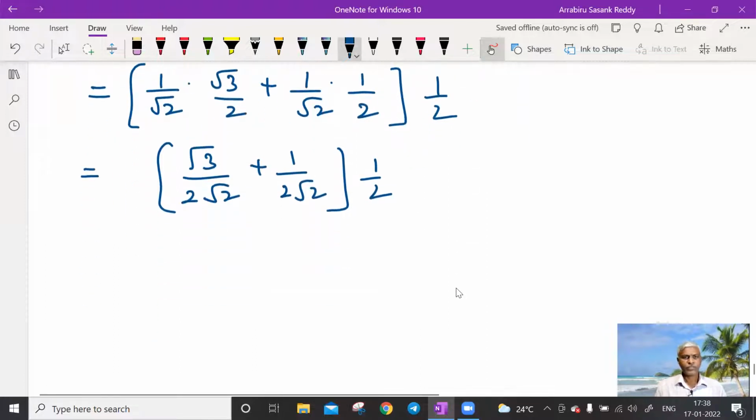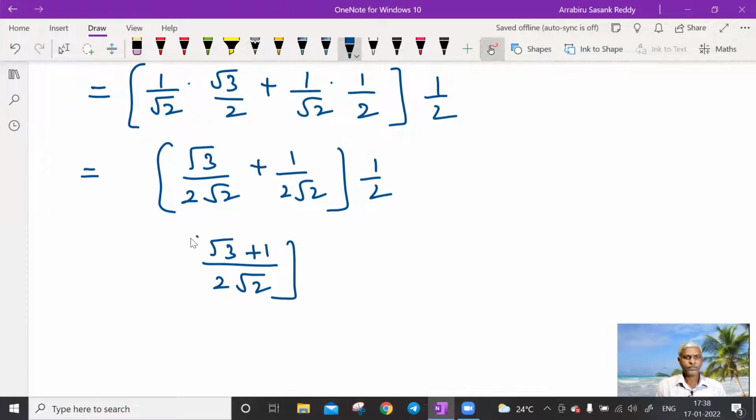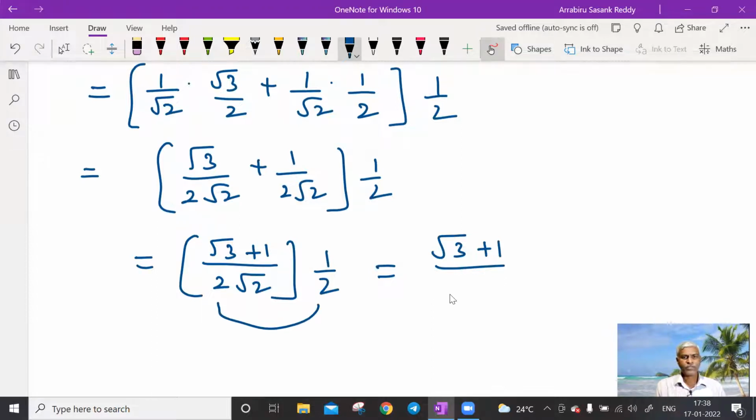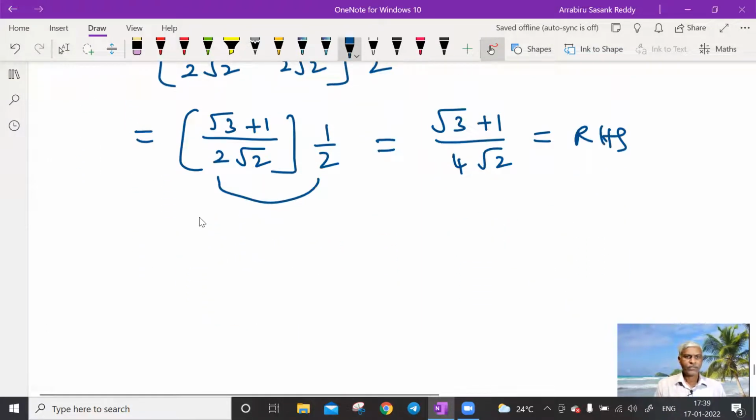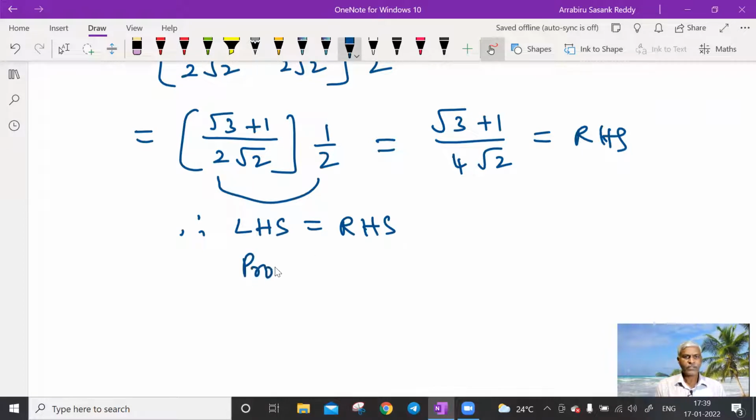Taking LCM, 2 root 2, root 3 plus 1, into 1 by 2. So that is equal to root 3 plus 1 by 4 root 2, which is the required answer. Therefore, left hand side is equal to right hand side, hence it is proved.